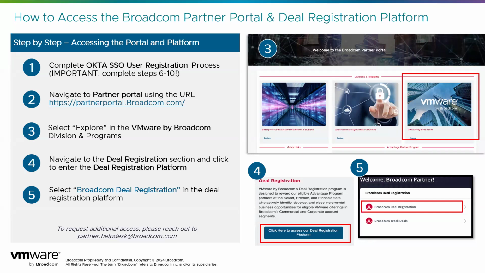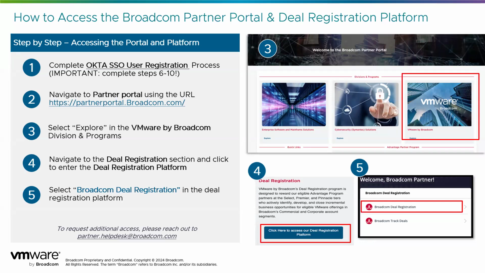You can see that in step 4. And then once you've launched into our deal registration platform, you'll see a tile titled Broadcom deal registration. From there, you can click on the Broadcom deal registration link. You can see that in step 5 on the right side of this slide. And then you will be kicking off the deal registration process at that point.